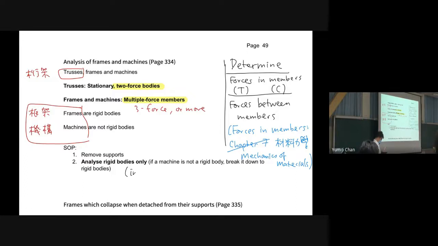In free body diagrams, we only have rigid bodies. It's okay. Now let me show you an example.